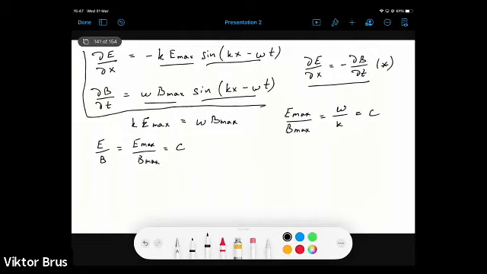This is a very important conclusion: at any instant of time, the ratio of the magnitude of the electric field to the magnitude of the magnetic field vector in an electromagnetic wave is equal to the speed of light. That is the feature of an electromagnetic wave.